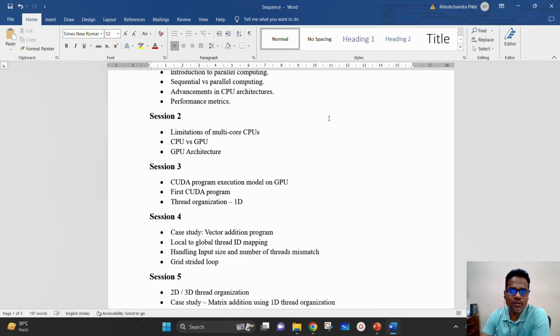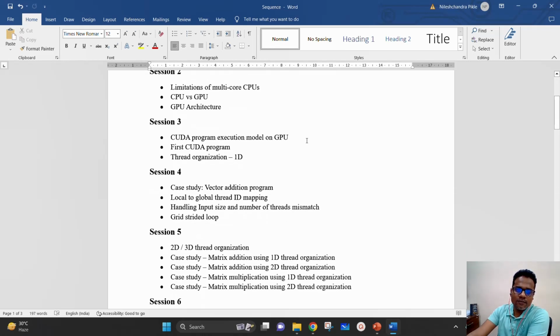So we'll try to understand the major difference between these two architectures. Then we'll focus on a very fundamental concept in CUDA programming, that is GPU architecture, right? We'll try to understand in depth how the computing resources and memory are organized on this GPU.